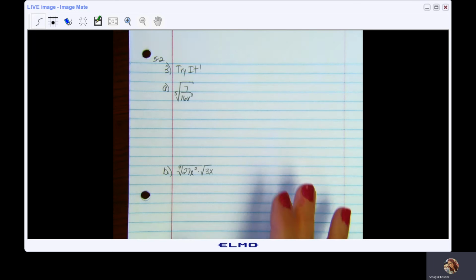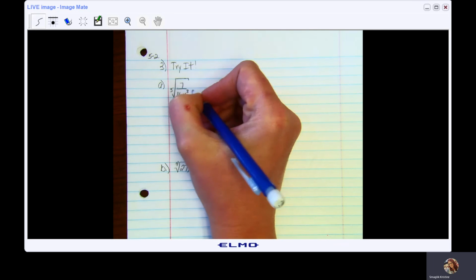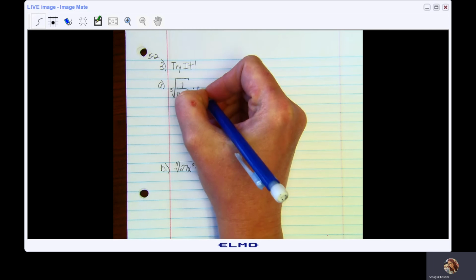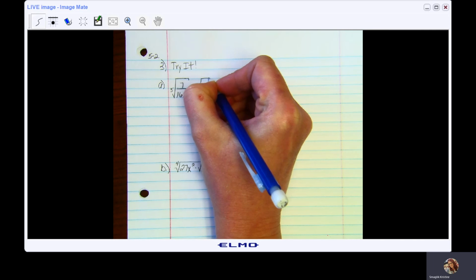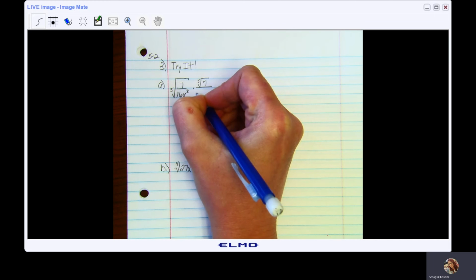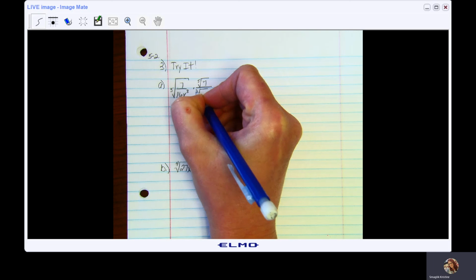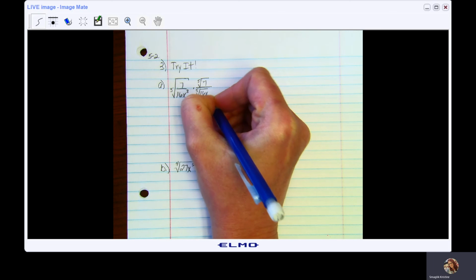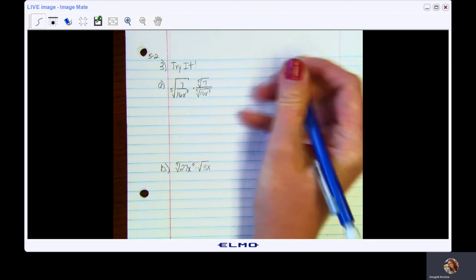So on A, notice you have a radical in the denominator. We want to rationalize that denominator. So first thing I'm going to do is just break this up. I have the 5th root of 7 in the numerator, and I have the 5th root of 16x cubed in the denominator.